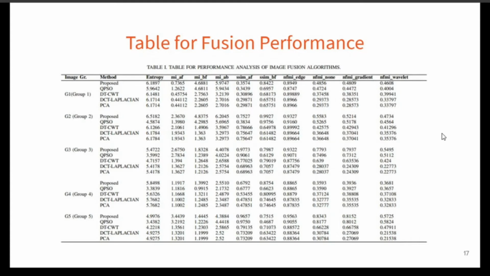We have here a table comparing the proposed method with other well-known image fusion algorithms such as QPSO-PCNN, discrete cosine transform, Laplacian, dual tree complex wavelet transform, and also principal component analysis. We see that the proposed method, which is WOA-PCNN, outperforms many of the above methods with considerable leeway on all accounts.